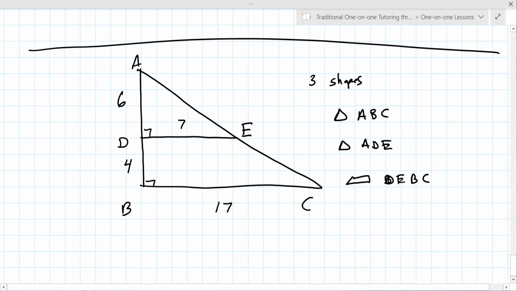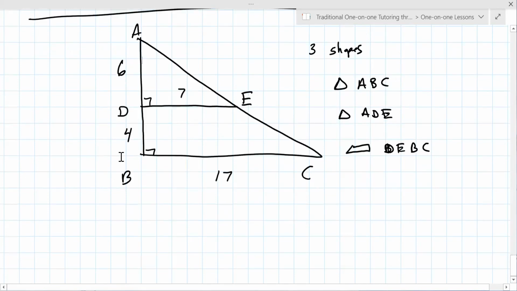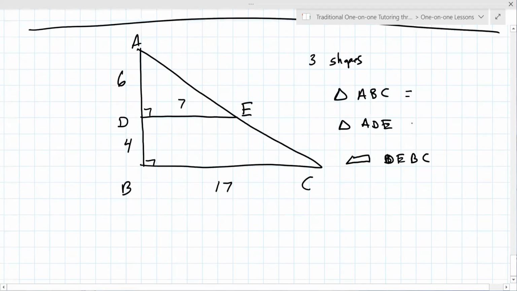I want you to find these 3 areas, and assume everything is in inches this time. So do you have your 3 formulas? Yes. All right, I'm going to time you because speed is important. Go ahead and start now.